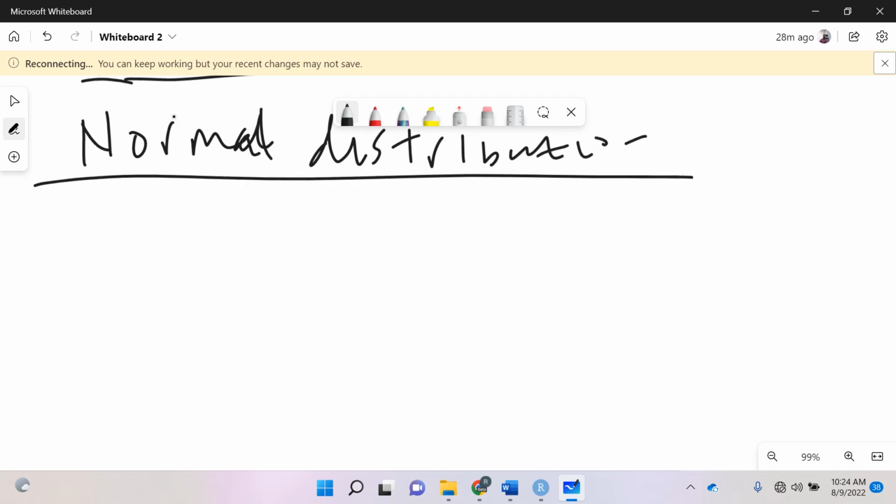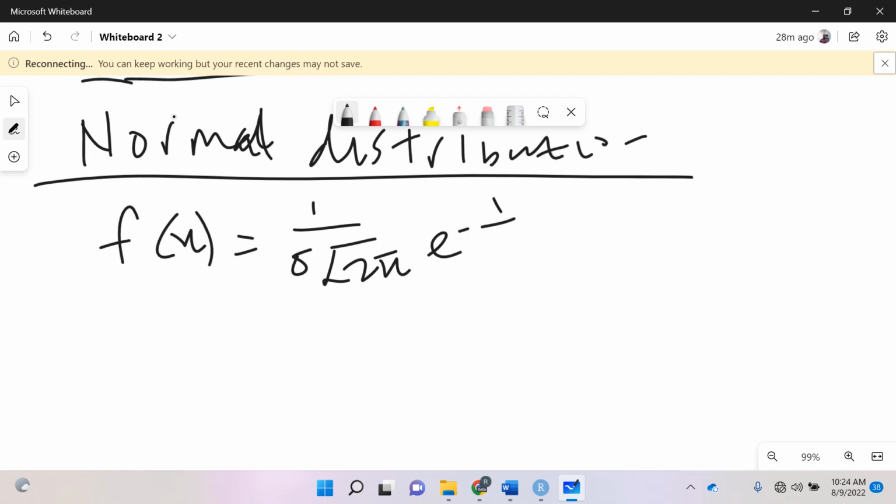Of course, you can take any book or go back to your notes and see how that is. Essentially, you remember your distribution is this, 1 over sigma root 2 pi, then e to the negative half, x minus mu over sigma all squared, right?